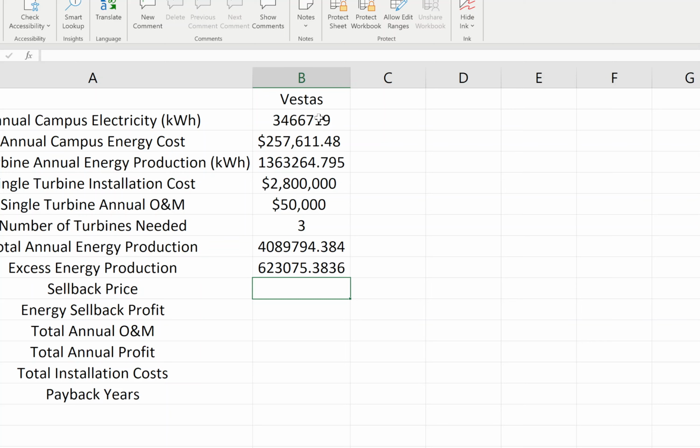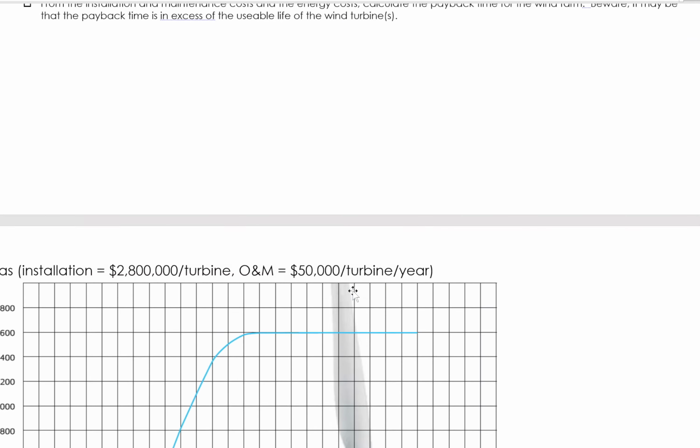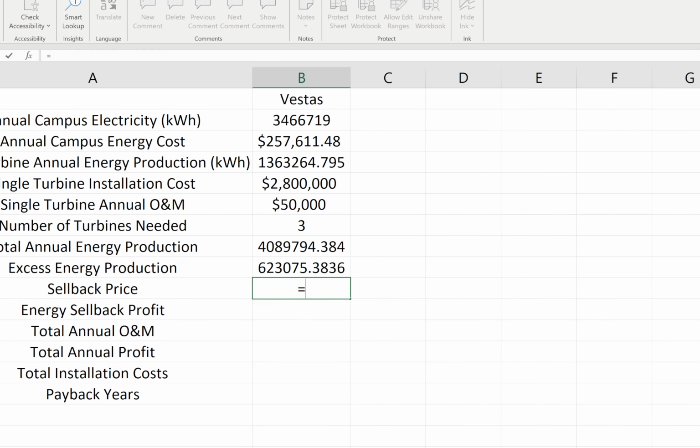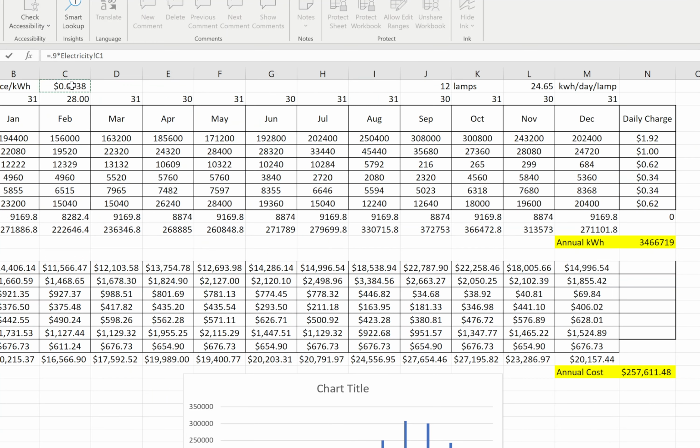Now the question becomes, I get to sell that back. What do I sell back at? In the problem statement, you see right up here, you can sell back at 90% of what we bought it at. So I'll say equal 0.9, which is 90%, times, and I'll come over to my electricity data, and I've got my price per kilowatt hour.